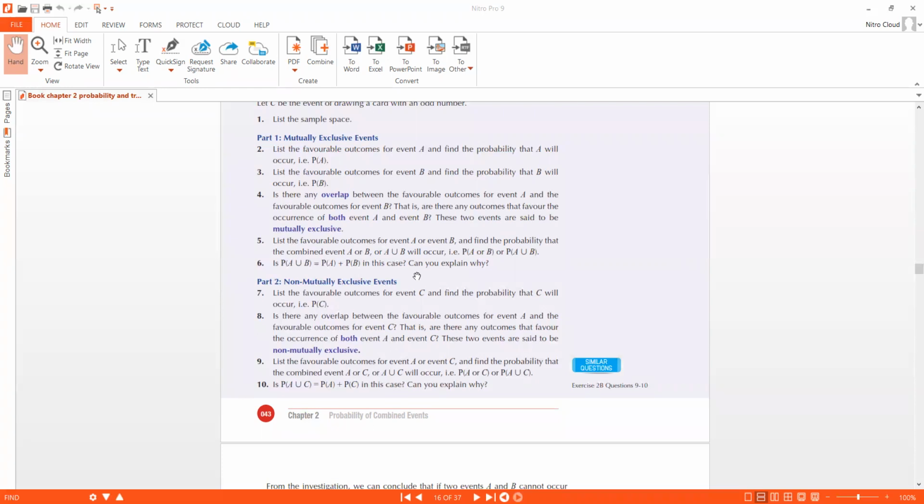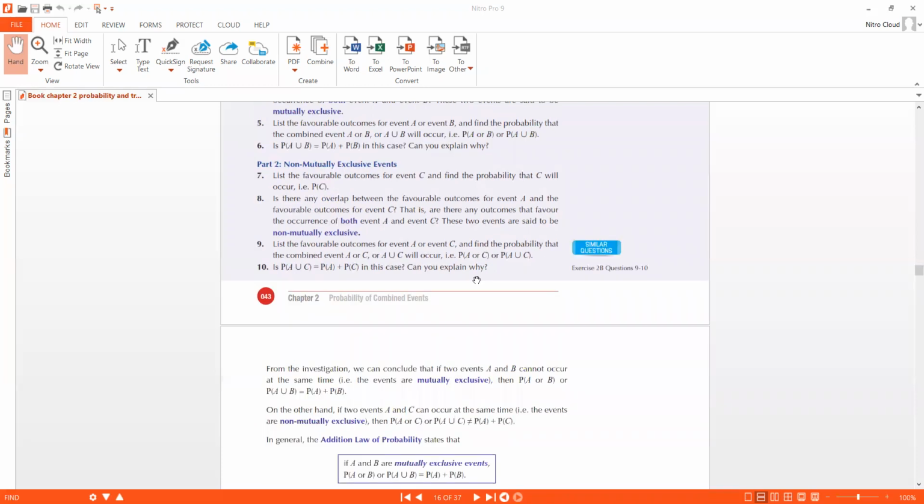If I ask you the probability of getting 3 in some sample space, it is 2 out of 36. And the probability of getting the same number on both the dice: is there any overlapping thing available in it? No. So it means they are non-mutually exclusive events.